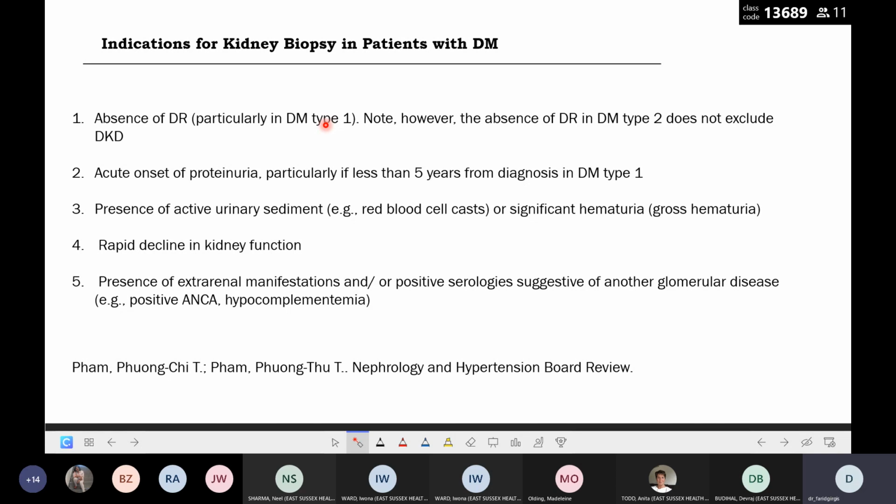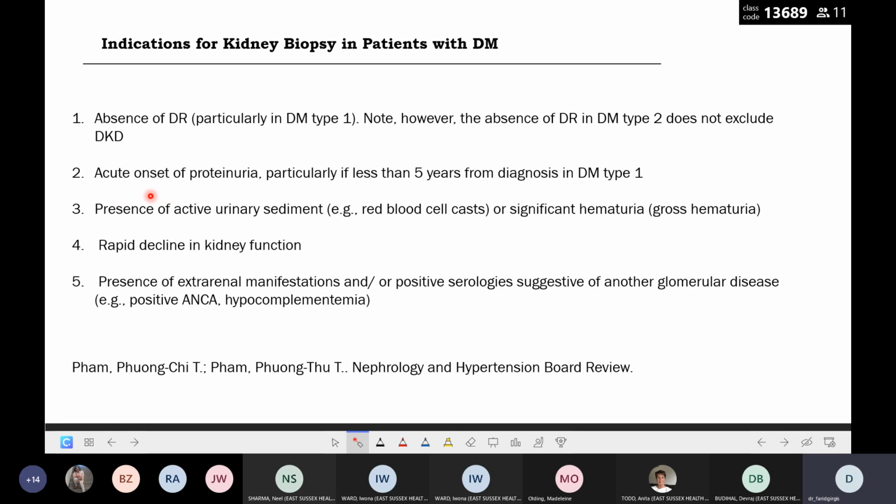It is not necessary in type 2 that all patients with nephropathy get diabetic retinopathy, but it is an absolute principle in the case of type 1. So generally, if you have a diabetic patient without diabetic retinopathy, in this case, he is indicated for biopsy to exclude any other disease.